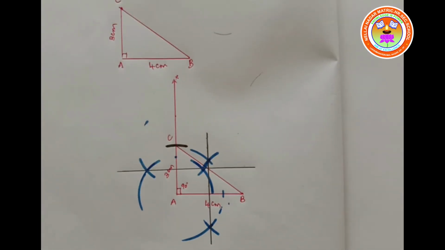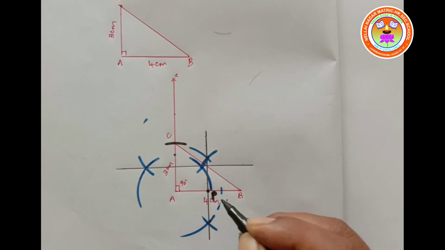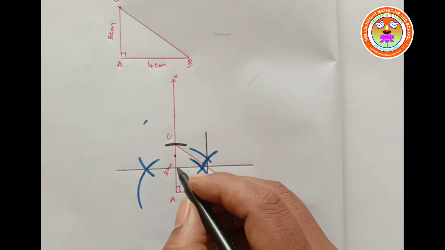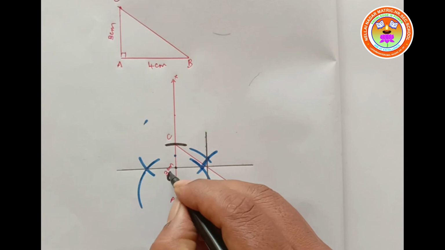Now you are going to draw the median of PC and BQ intersecting at G. Median of PC. So this point I consider as P and this point as Q. It's clear children?